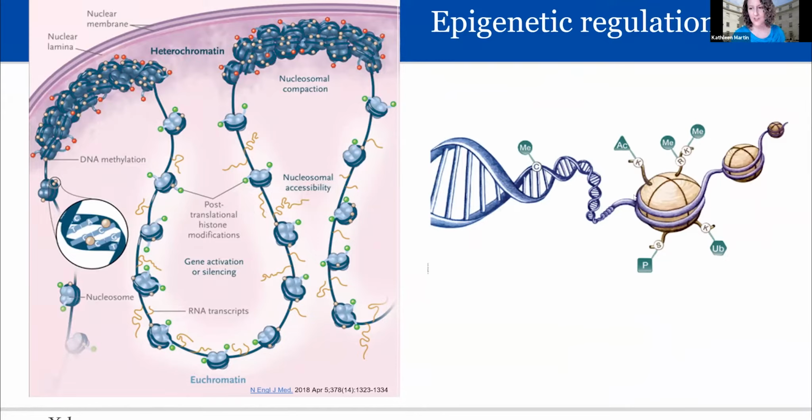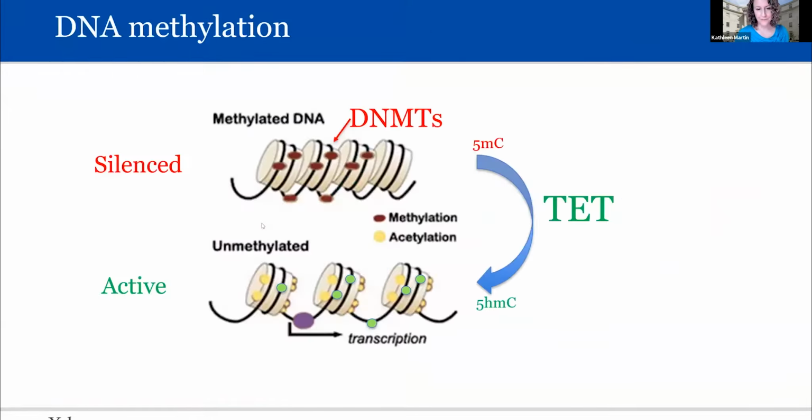And so this is achieved by post-translational modifications of the histone proteins around which DNA is wrapped, or modifications of the DNA itself, methylation of cytosines. So DNA that is methylated and deacetylated is compacted in silent chromatin, whereas open chromatin is demethylated and acetylated.